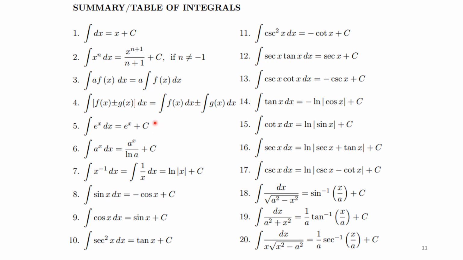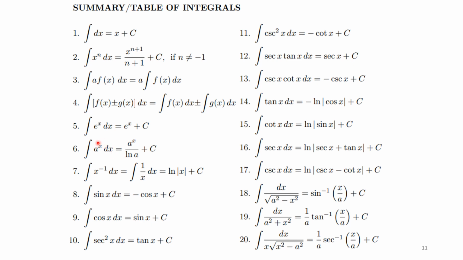Notice that you only make use of the constant c if you have an indefinite integral. But if you have a definite integral, then you get rid of this constant c, and you simply substitute the upper limit minus the lower limit into whatever integral value you get. Also, the integral of a to the x dx is equal to a to the x over ln of a plus c.